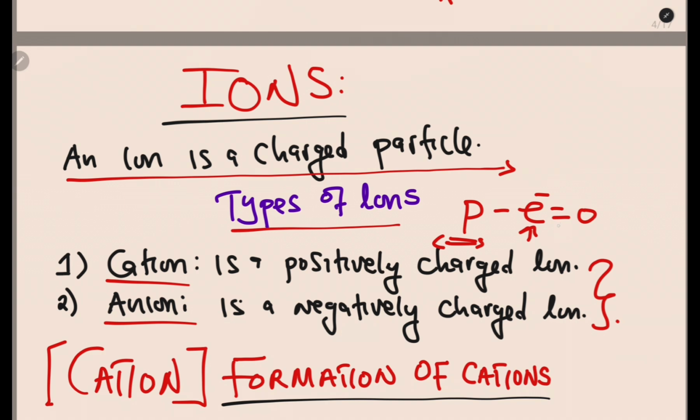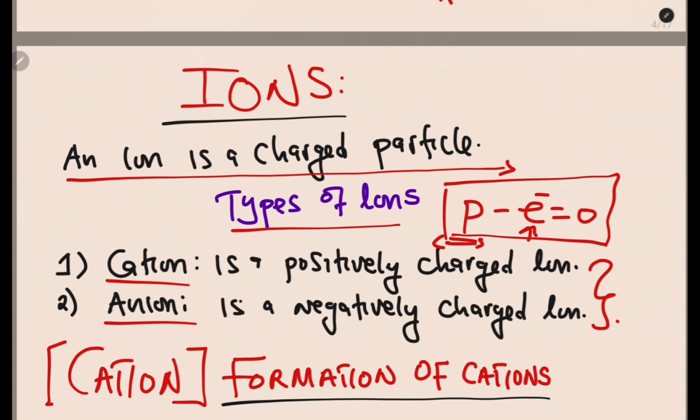When it gains electrons, the number of electrons increases. When it loses electrons, the number of electrons decreases, which means you have more protons than electrons. But when it gains, you have more electrons than protons. I think I'll get to use this part more as we look at the formation of ions.